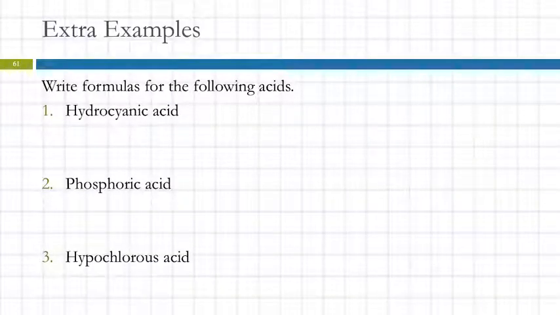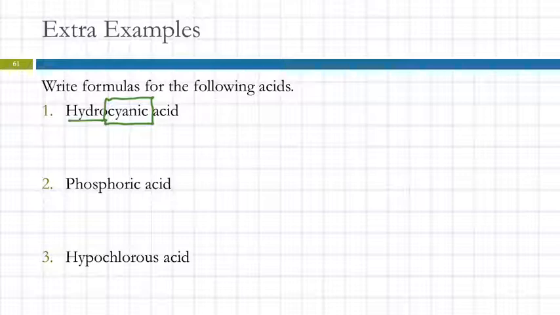A couple more examples. Let's write these formulas. Hydrocyanic acid. Is this a binary acid or an oxyacid? It's binary because it's got that prefix hydro, right? So that means I've got this cyanic. What does that come from?